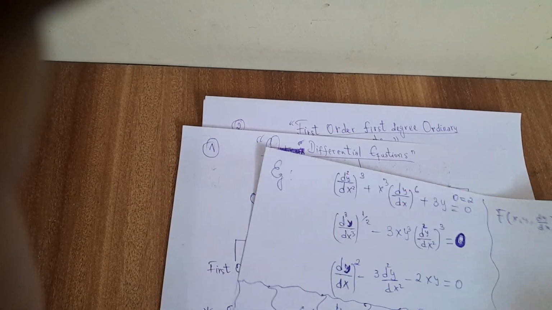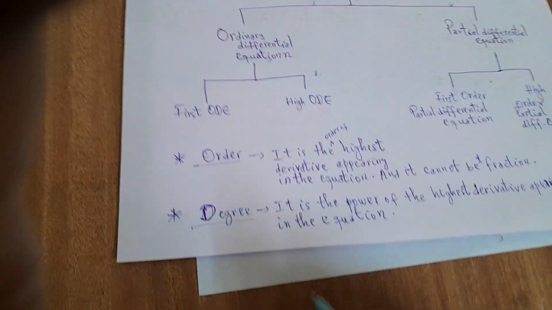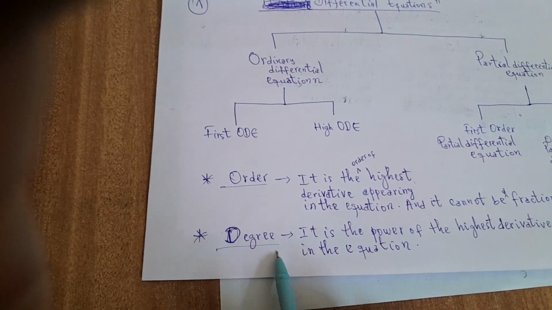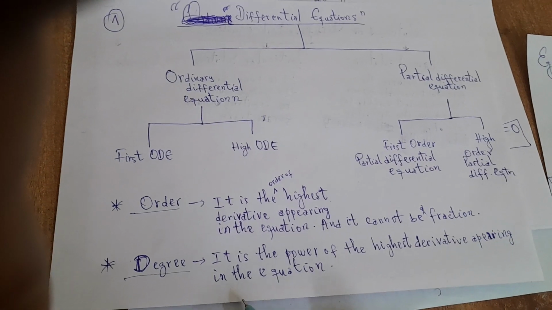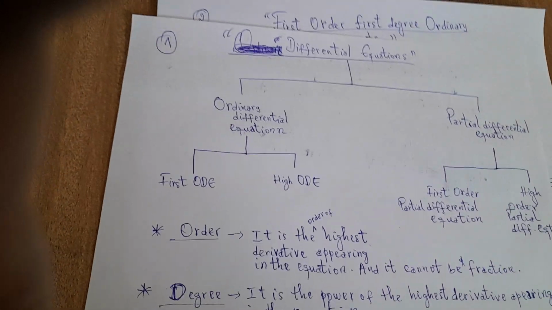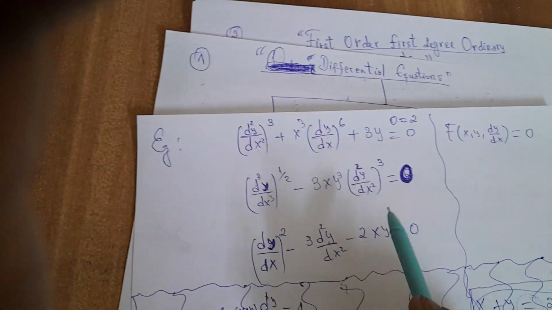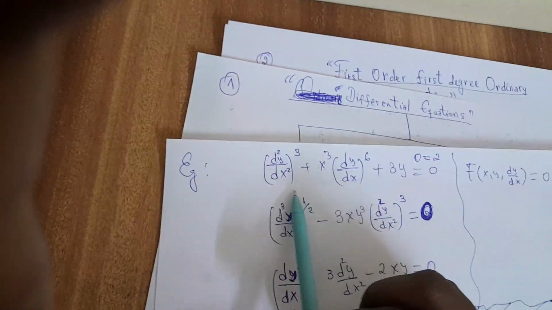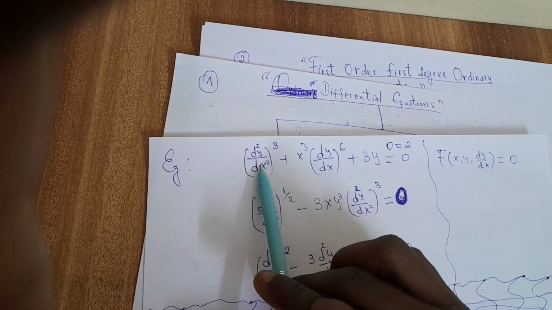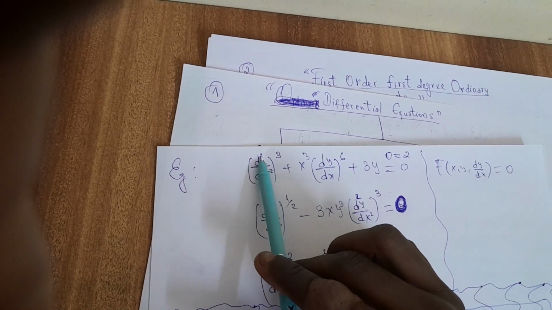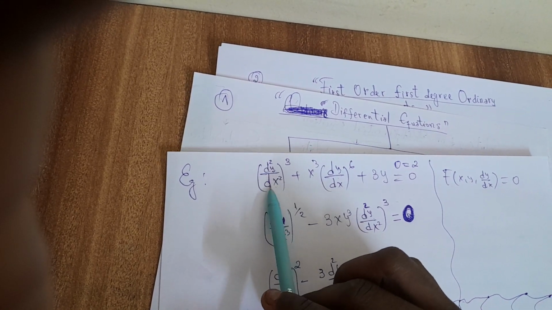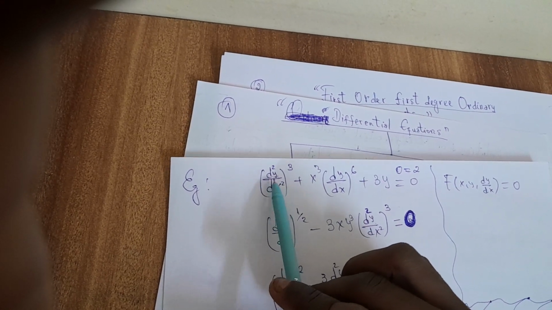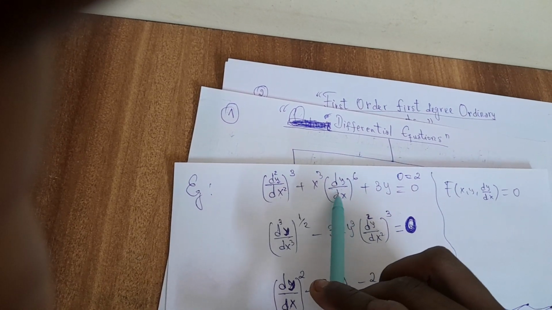And following this, now what is degree? Degree is the power of the highest derivative appearing in the equation. Following the same knowledge, the order here is 2, because this is a twice derivative, while here we derive only one time.